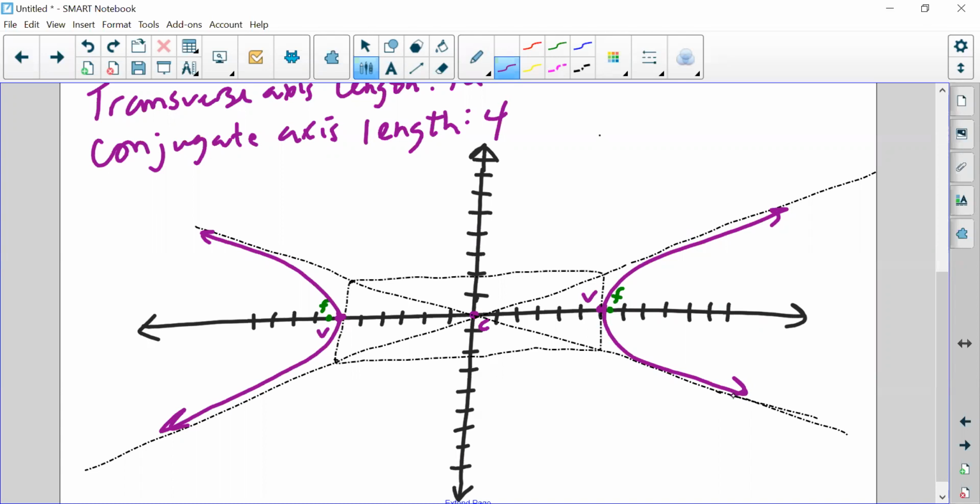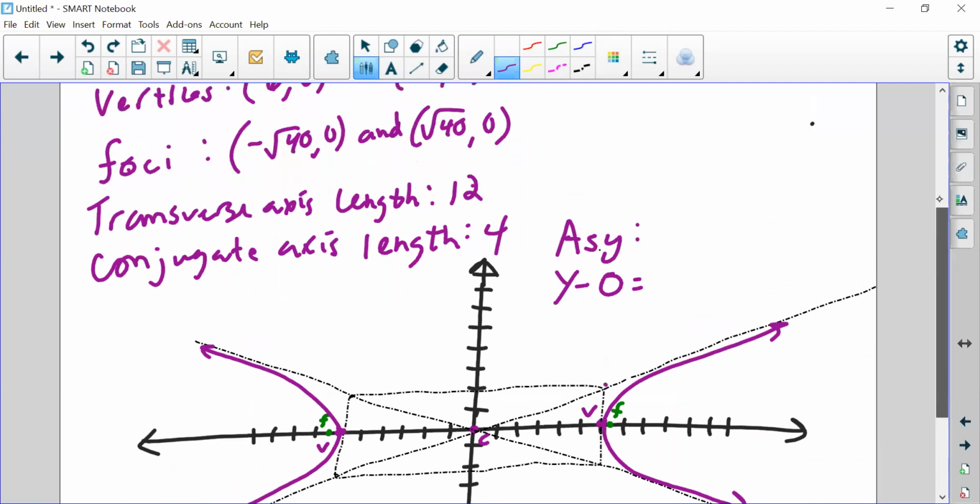Questions on sketching the graph? The only thing left is now we need to go to the equation of our asymptotes. So that's going to be y minus the y of our center, which is 0, equals, and in this case, I've gone up 2 and over 6.